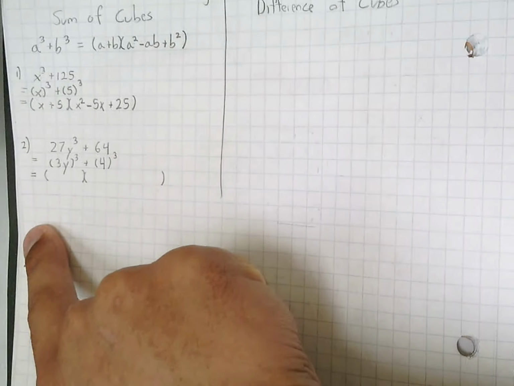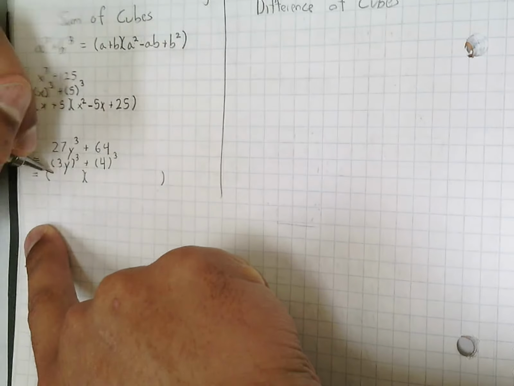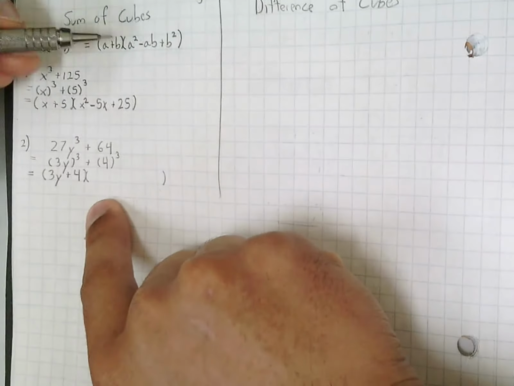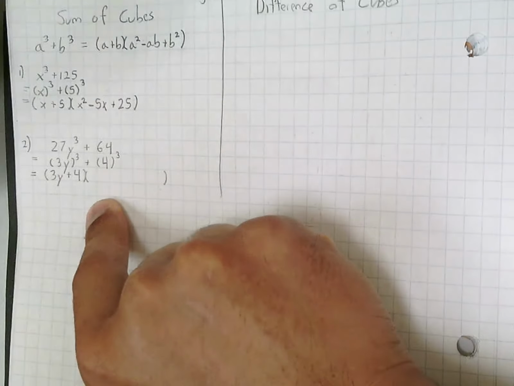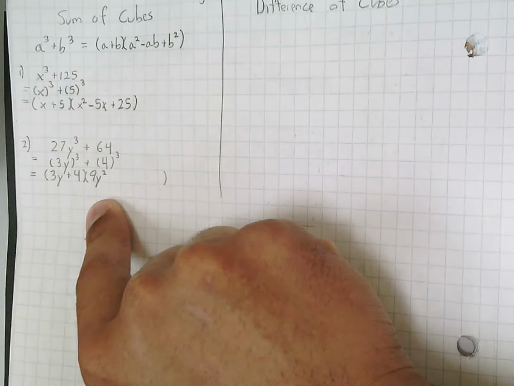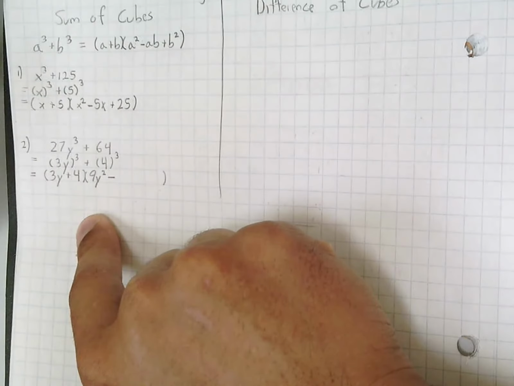And we look at our pattern, so it's going to be a plus b, so 3y plus 4. And then a squared, well 3y squared is 9y squared. Minus a times b, so 3y times 4 is 12y.